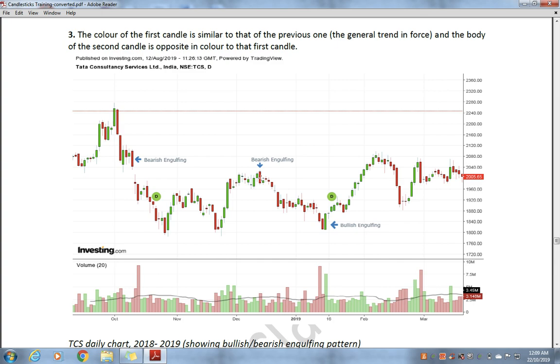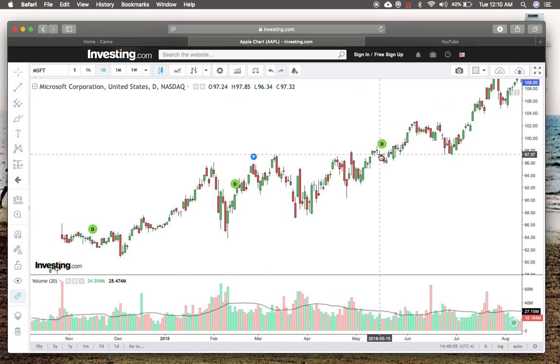So we could have sold the share here, prices start to make new lows, and at the end of the downtrend, we see a bullish engulfing, which is nothing but a red candle being totally engulfed by a green candle, which we discussed in the previous video. So we could have sold our share here and we could have purchased the same share over here, and prices start to make new highs. Let us discuss another example.